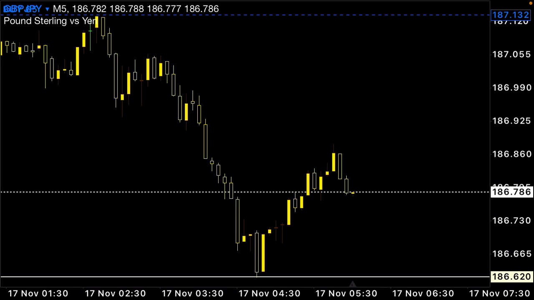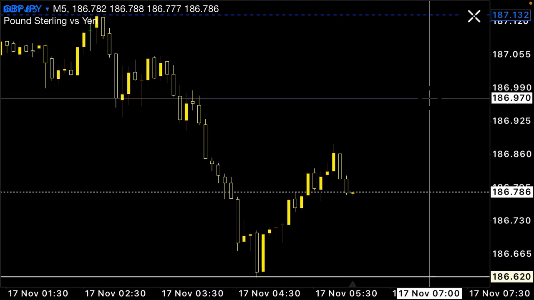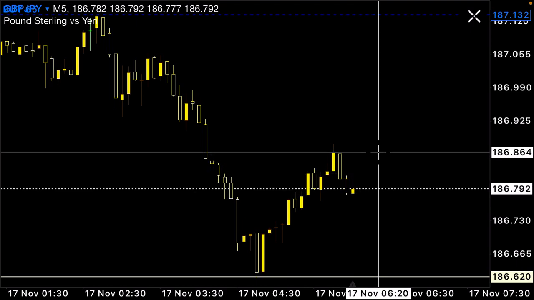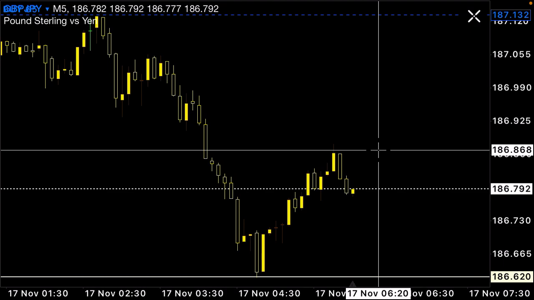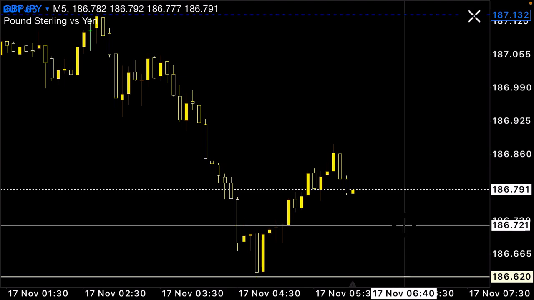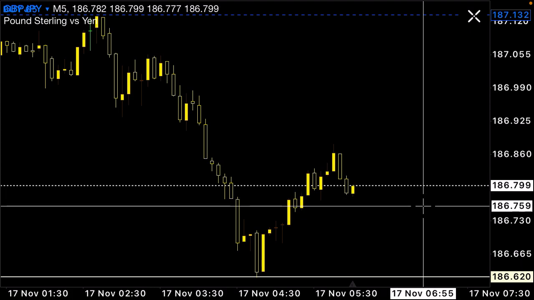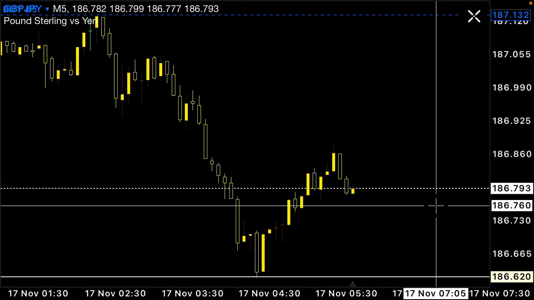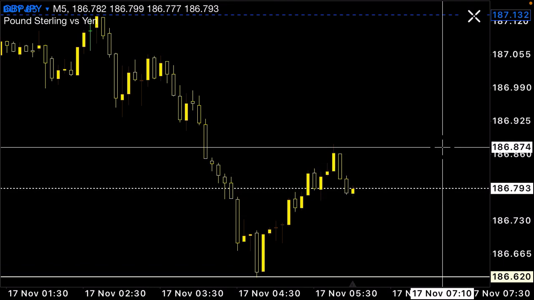and yeah, it would seem like it. Right here, it would come up like this and form a double top like that, and then come down again to around there, and then as it's there, it would come up a little bit, and then would come down for another double bottom, and then it'll go up like that.